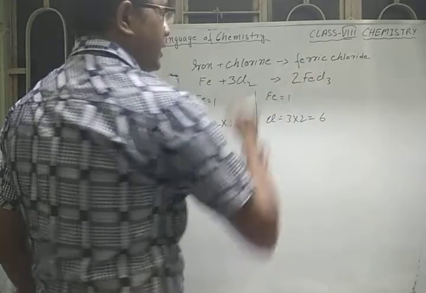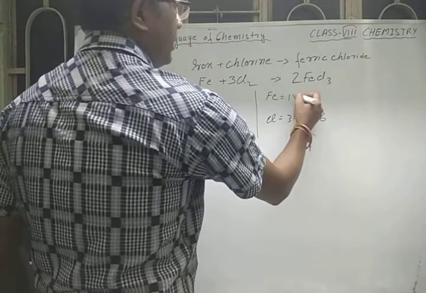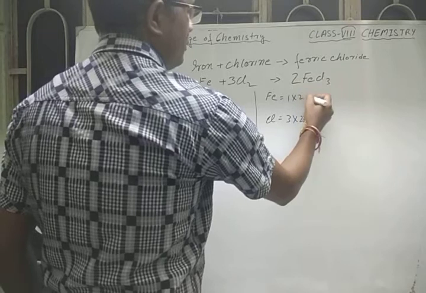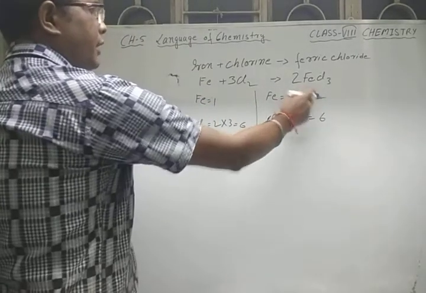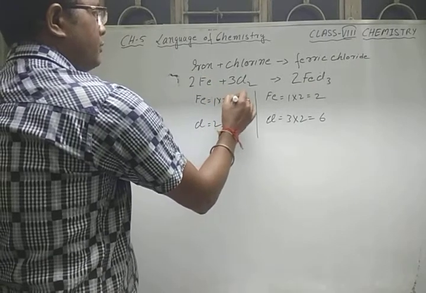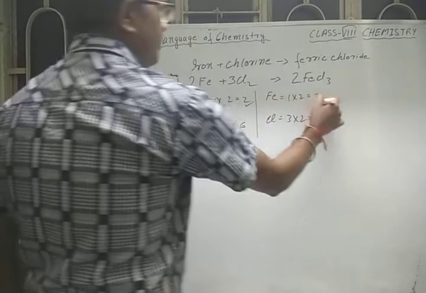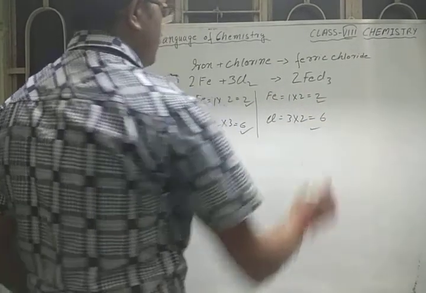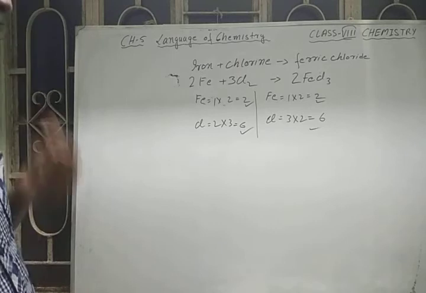But there is again a problem. If you multiply by 2 over here, iron also becomes 2, but here iron is only 1. So to make iron 2, you have to put 2 here. So now it is balanced: 2Fe plus 3Cl2 gives 2FeCl3.